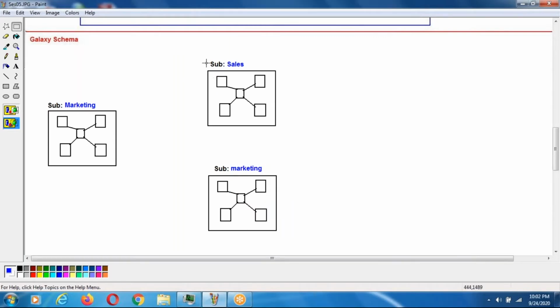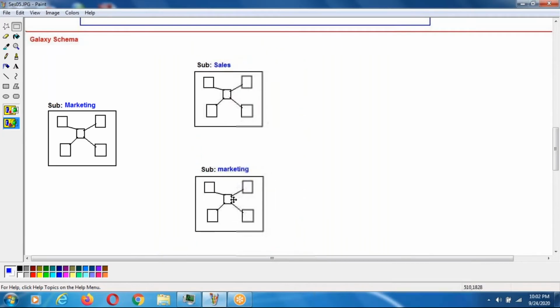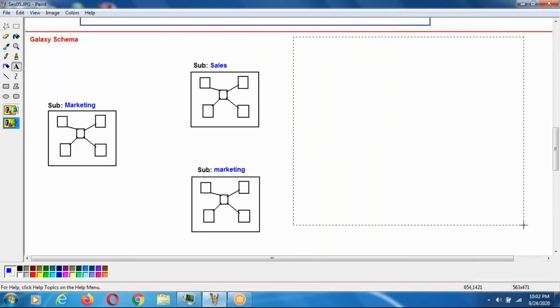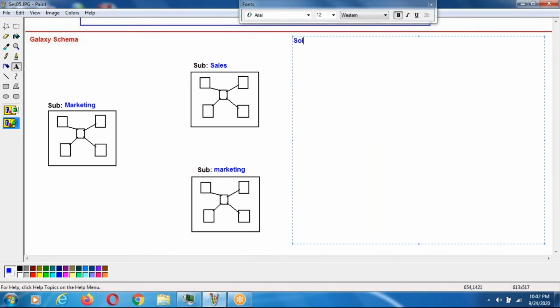The solution provider, or you may say the architect, designed nearly 50 subject areas.